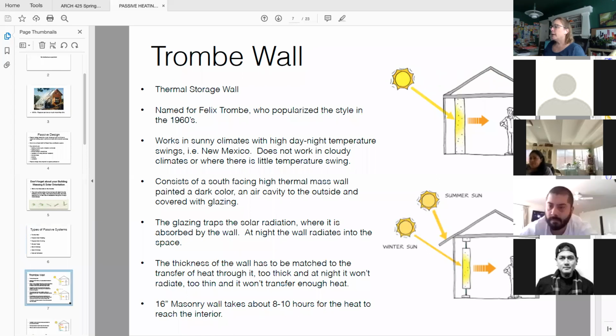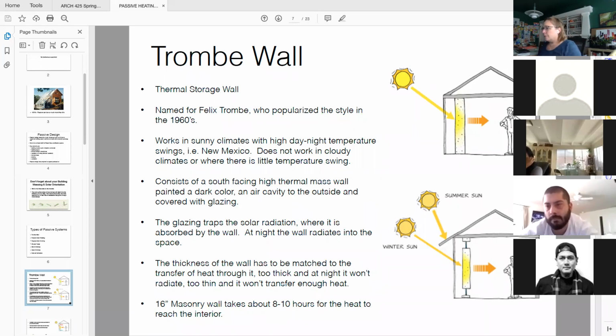It works very well in sunny climates with a high day-night temperature swing, where it gets really hot during the day and then really cold at night. New Mexico is a good example of that type of climate. It doesn't work as well in cloudy climates or where there is little temperature swing.